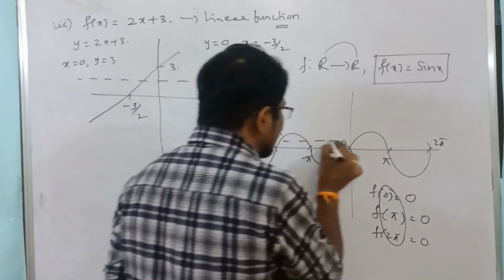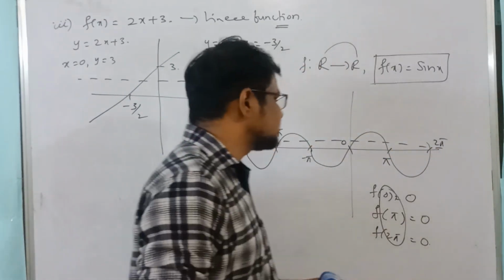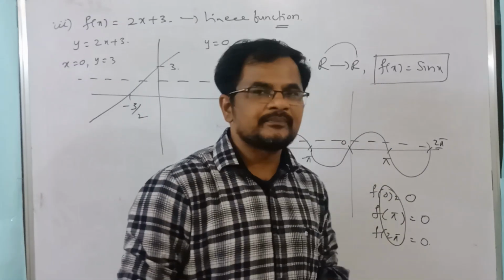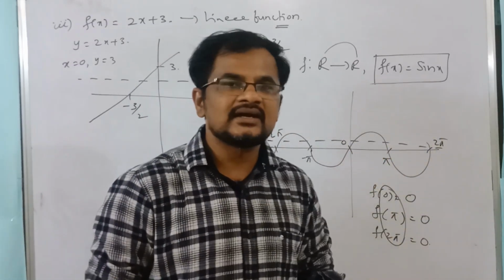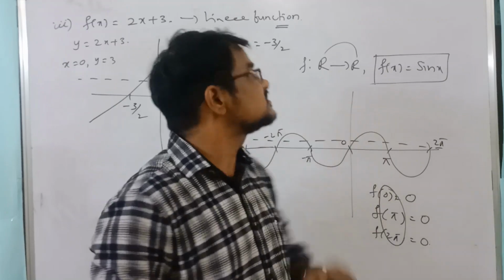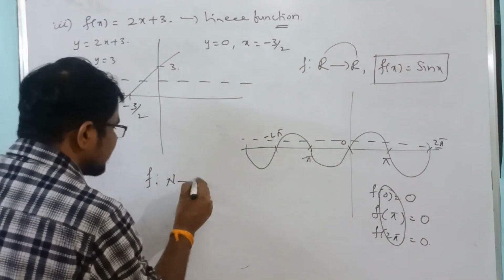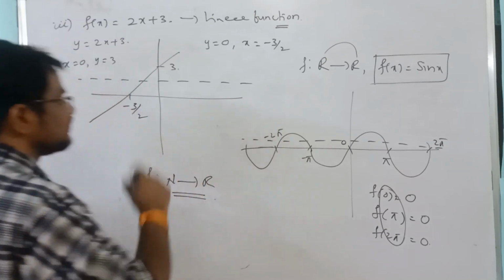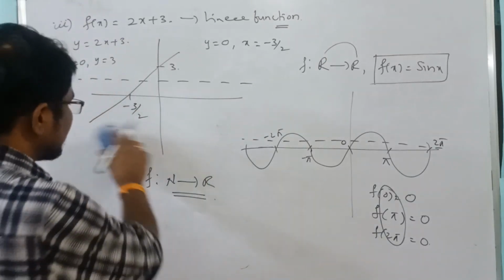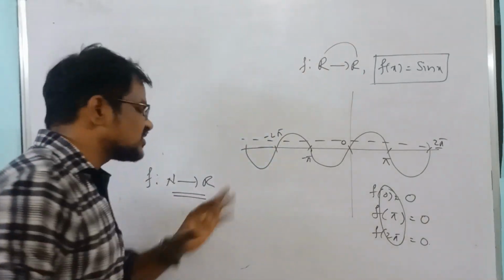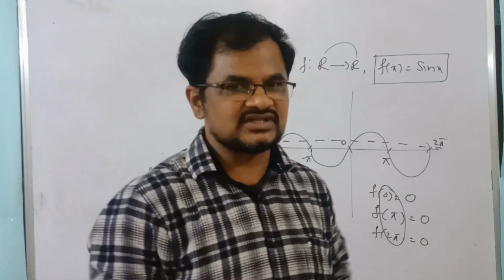Otherwise, if you take a line parallel to the x-axis, it is intersecting the graph at more than 1 point. So that's why this function is what? Many-to-one function. Whereas if f is mapping from N to R, listen carefully. If f is mapping from N to R, is it a one-one function or a many-to-one function?